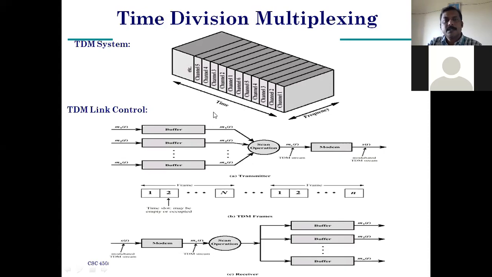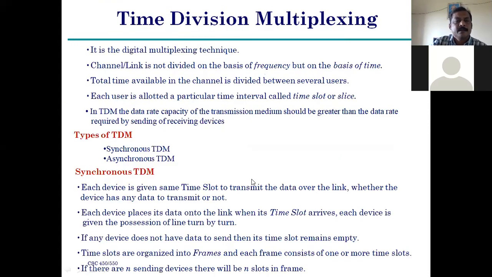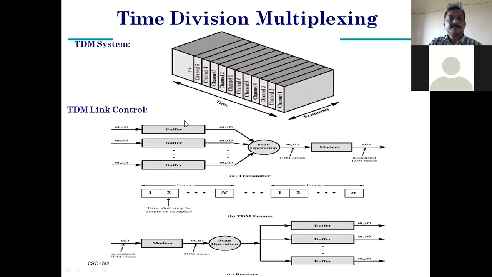That time slot can be divided into a number of individual slices or slots, time slots, right? This is the diagram. Next, coming to the time division information, the total time available in the channel is divided between several users. We know that, right? Each user is allotted a particular time interval called a time slot or slice.